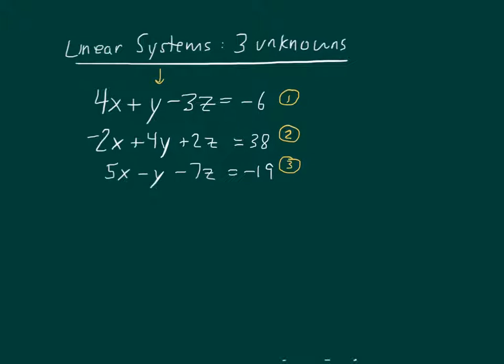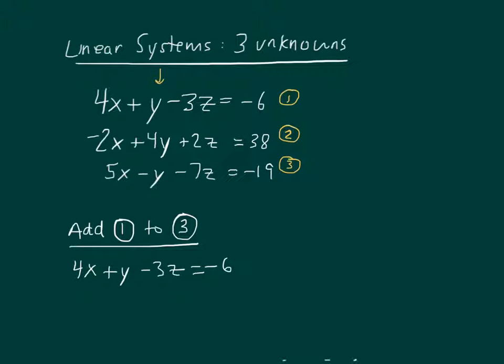I'm going to add equation number 1 to equation number 3 because I see that the coefficients here, positive 1 and negative 1, are opposites, and that's what I need. So let's take equation number 1, and we add it to equation number 3.